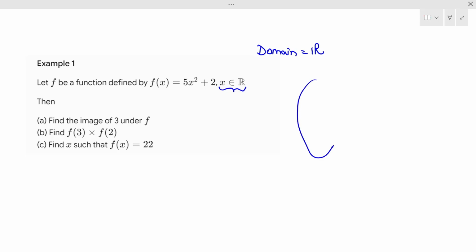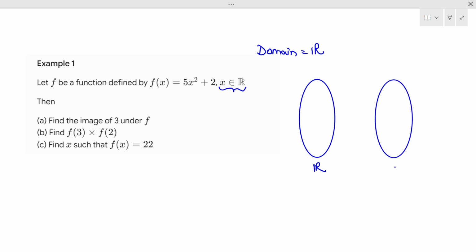What does this mean? Let's say this is the domain R, and the codomain will be the set of positive real numbers, right? So now they are asking what will be the image of 3 under f.